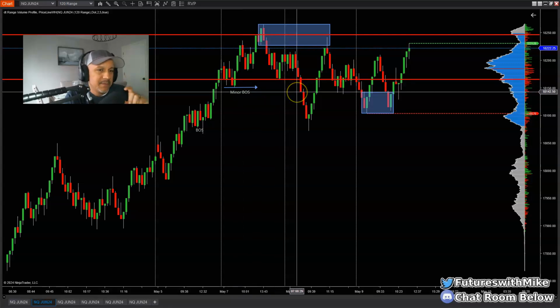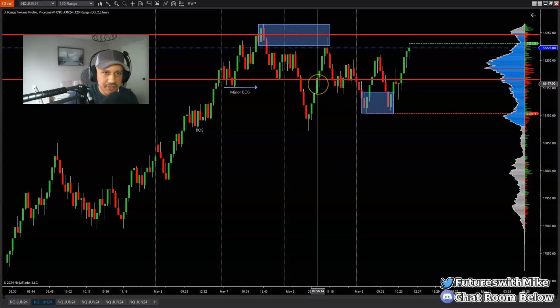So when it broke below on the higher base chart, you have to understand that even though we haven't broken through a major area of structure yet, even if it breaks to the downside on a higher base chart, there's still opportunity to look for a short entry.